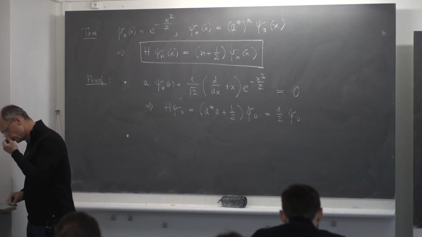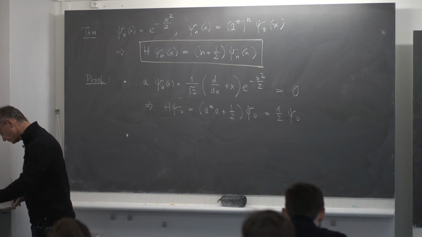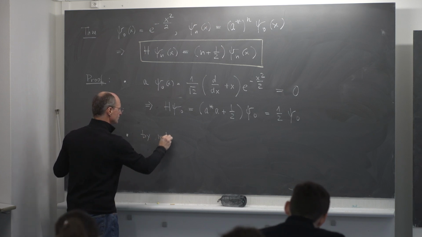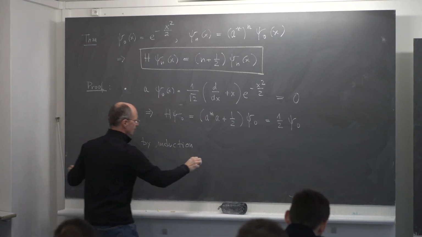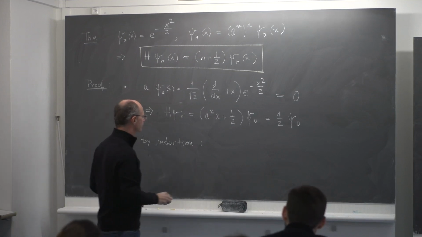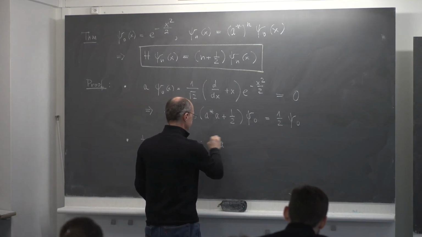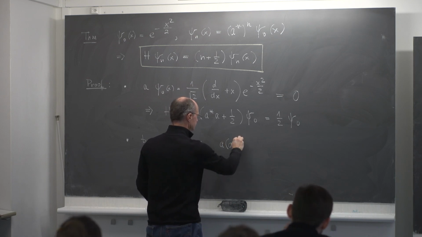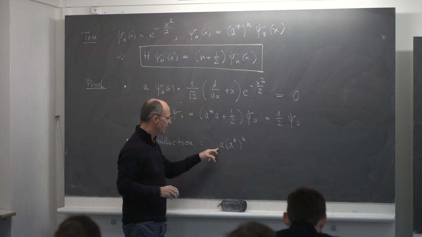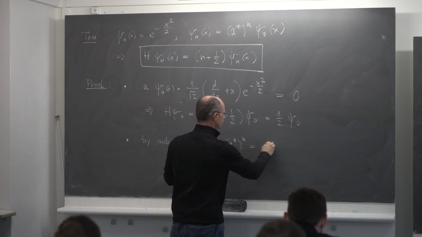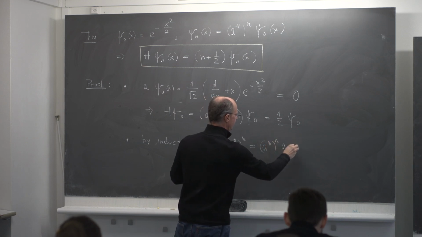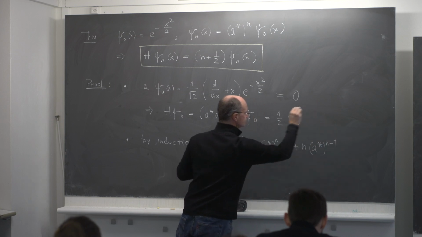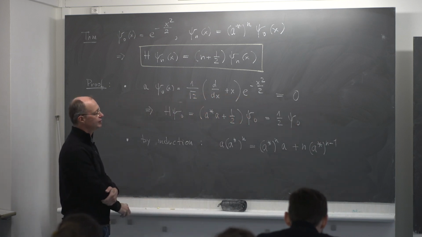Now, by induction, one can prove the following: a times a star to the n is equal to a star to the n times a, plus n a star to the power n minus 1.